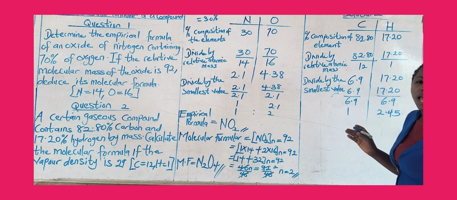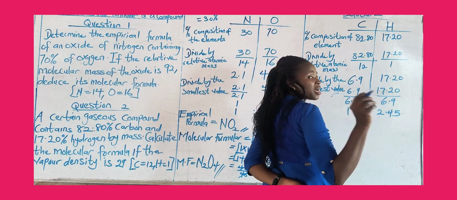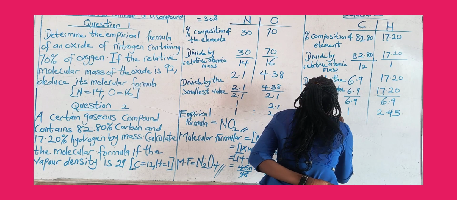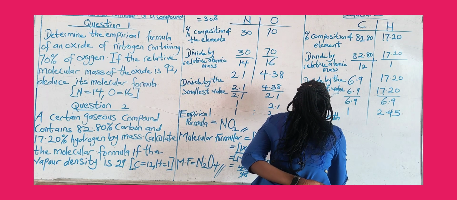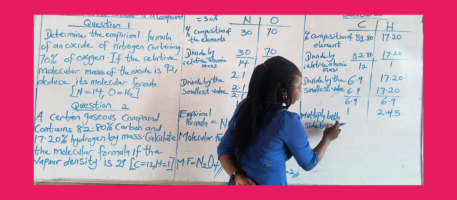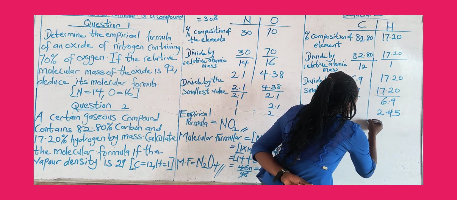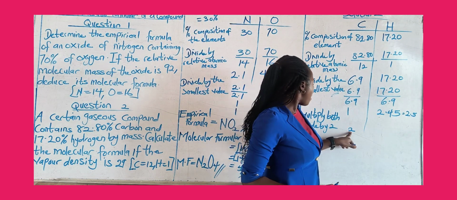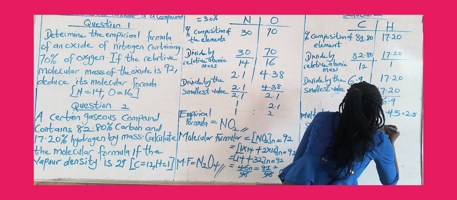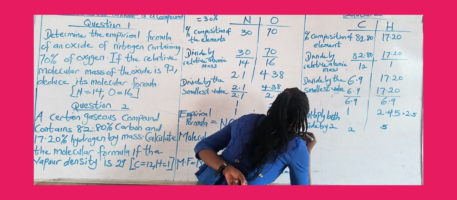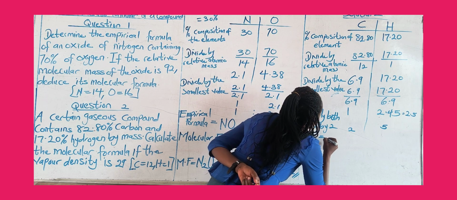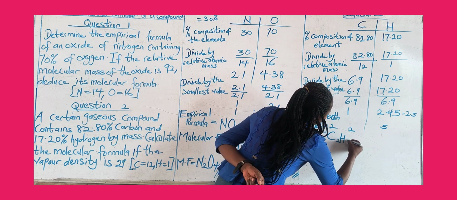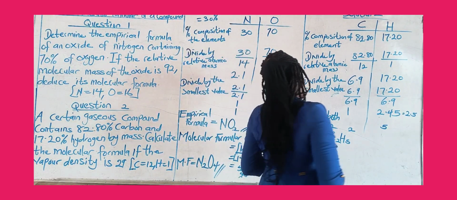We multiply both sides by 2 to get our simplest ratio. 2 multiplied by 1 gives us 2. And 2 multiplied by 2.5 gives us 5. So now our empirical formula is C2H5.